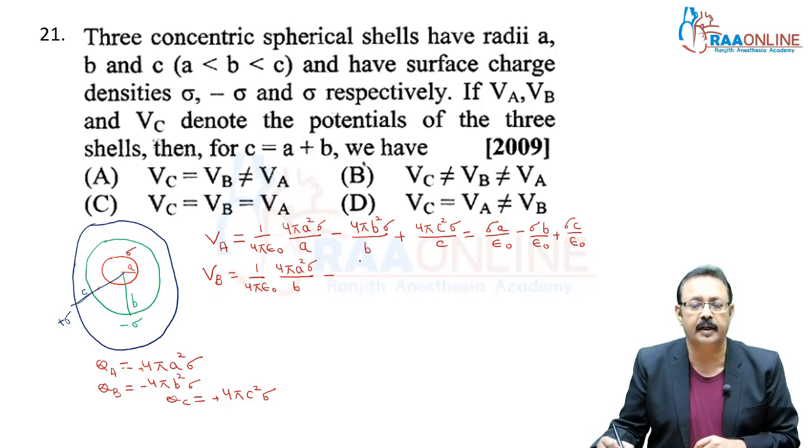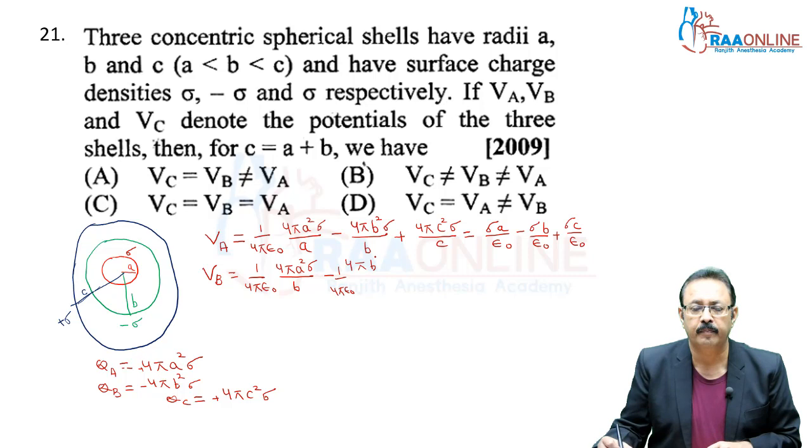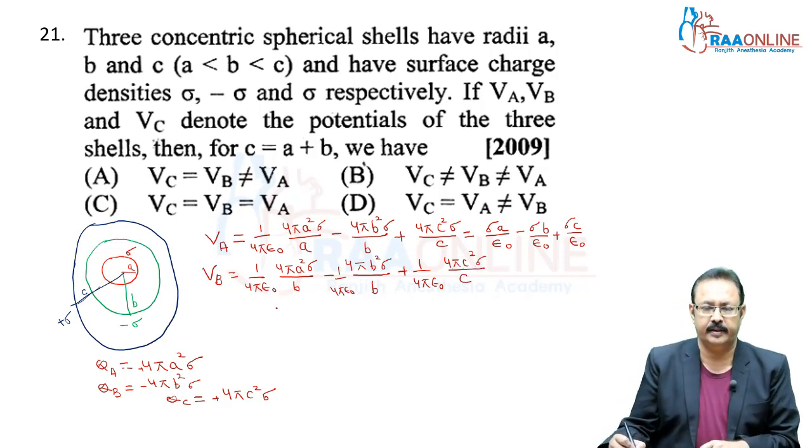Due to the charge which is on B, 1 upon 4πε₀, charge on B is 4πb²σ, its distance is also b. Due to C, 1 upon 4πε₀, 4πc²σ, it is at a distance c.